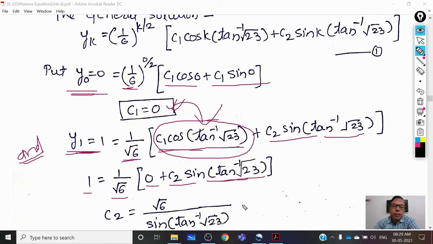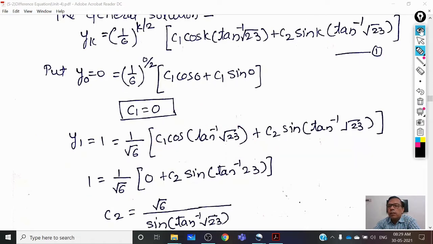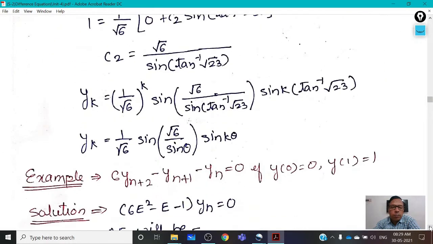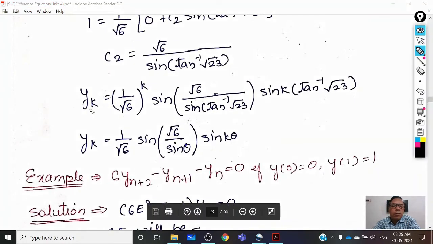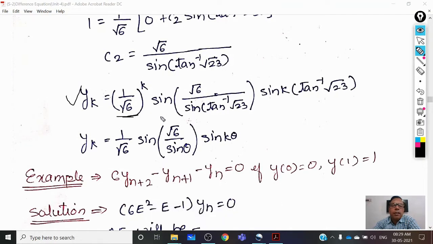So c2 equal to under root 6 upon sin tan inverse of under root 23. So final solution is y_k equal to 1 upon under root 6 power k into sin of under root 6 upon sin tan inverse of under root 23 into sin k into tan inverse of under root 23.